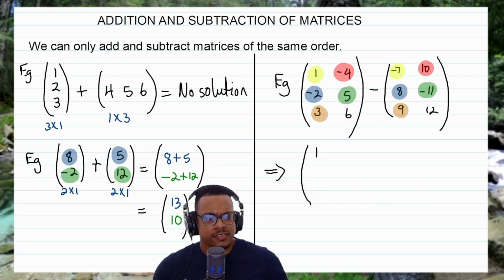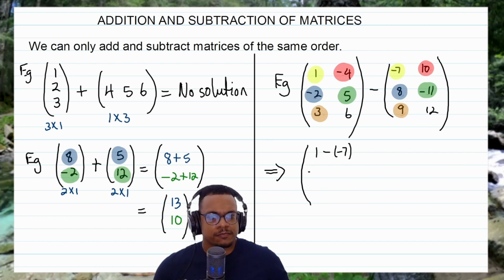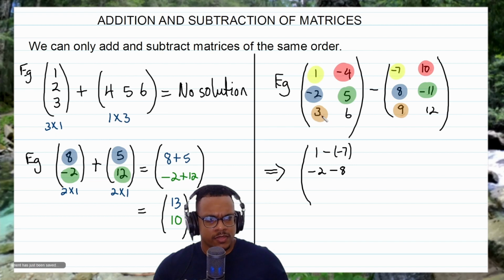So we'll have 1 take away, and that negative sign is from here, and then we are taking away -7. So that's 1 take away -7. Then coming down, we'll have -2 take away 8. And then down here, we'll have 3 take away 9.